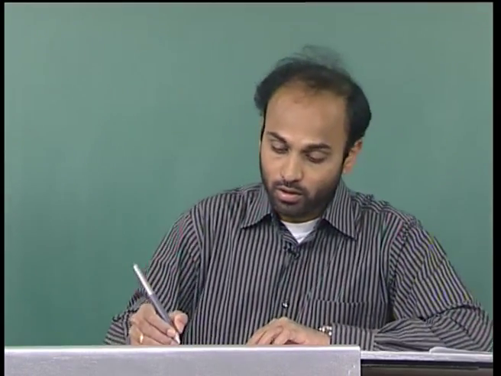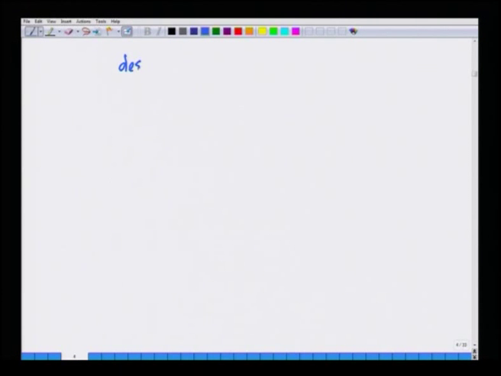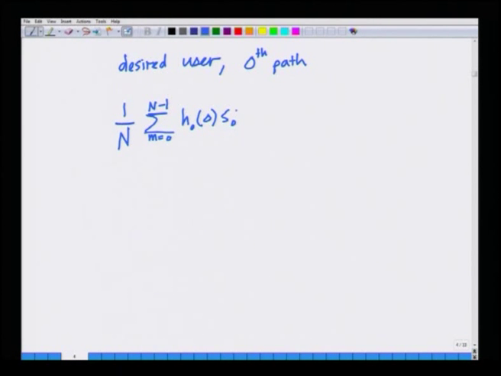I will write this over here, that is desired user zeroth path, and that is simply 1 over n summation m equals 0 to n minus 1 h 0 0 s 0 c 0 of m into c 0 of m, that is correlating user 0 zeroth path with code shifted by 0. So, c 0 m into c 0 m, that is c 0 m square.